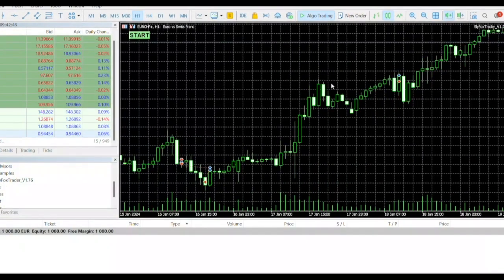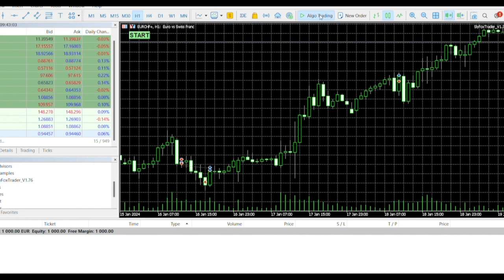Make sure that you have activated the algo trading here, and when you put the SlyFoxTrader on, this one is in blue. If it's in gray, there's something wrong and the EA might not work.